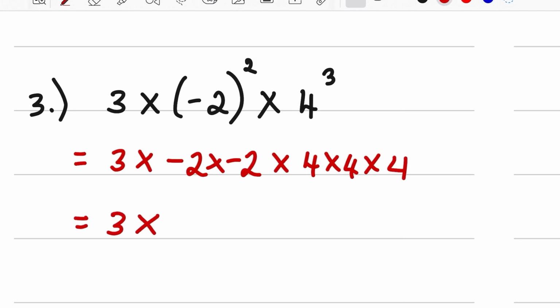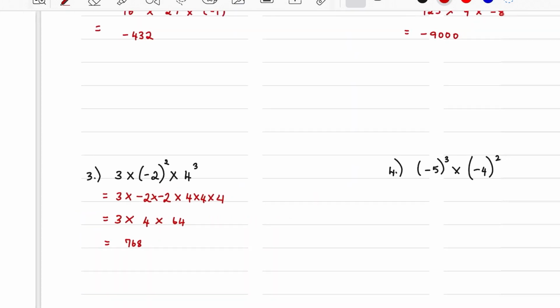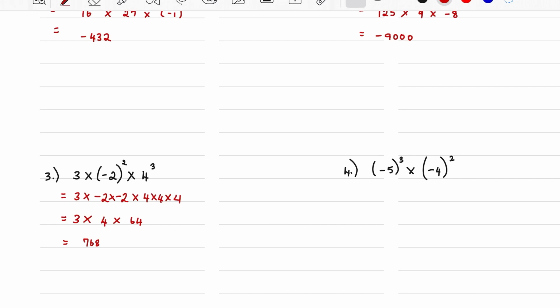Minus 2 squared is going to be positive 4, a negative base raised to an even power. So 3 times 4 multiplied by 4 cubed, which is 64. So this now is 3 times 4 times 64, which is 768. That's your answer for question 3.